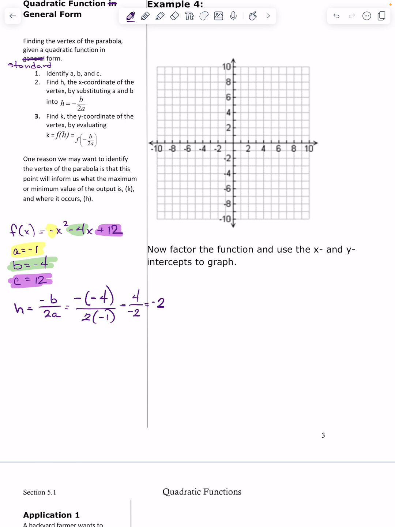We find k by plugging our h back into our function. So k is going to be, what do I have? I have negative x squared, so negative 2 squared, minus 4 times my x, which is negative 2 plus 12.